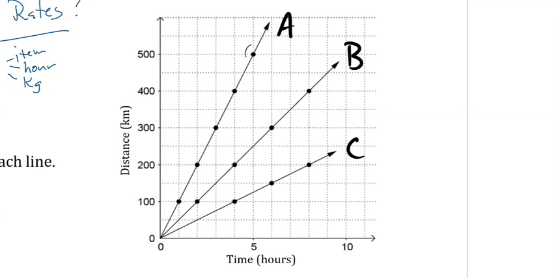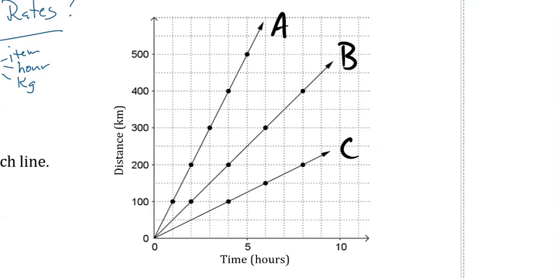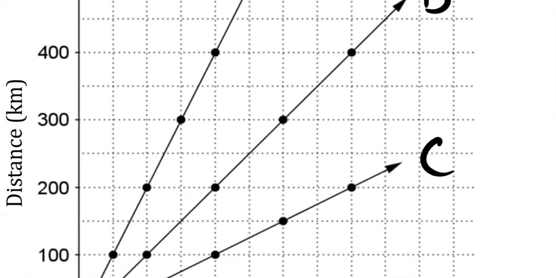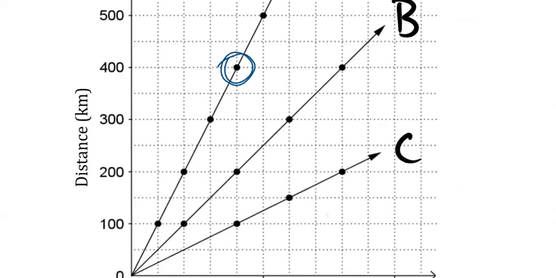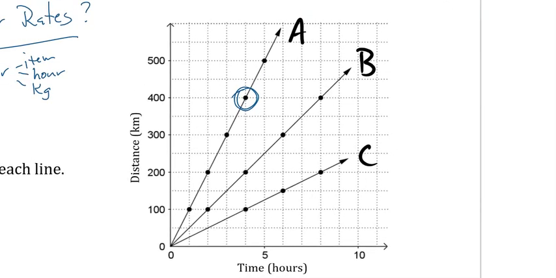So if I zoom in a little bit and look at one, it's not letting me. If I look at one of these points, so for A, I'm going to pick this one. And what does this point tell me? "400 kilometers in 4 hours." I like it. So what's the average speed?